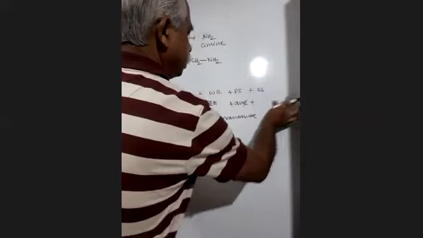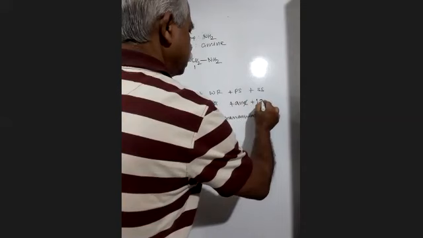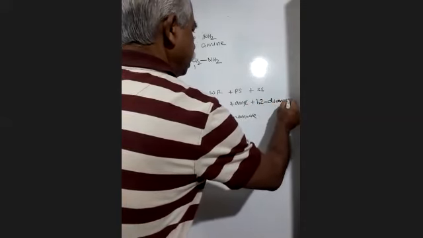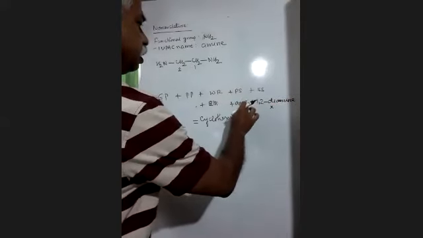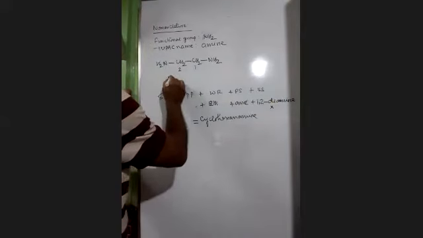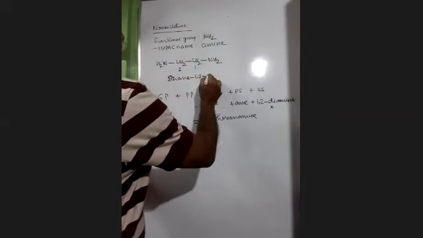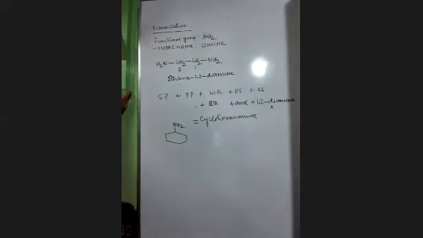But you have two amine groups, so to number it, it is 1, 2, diamine. This is not a vowel, so the e will be kept. The name will be ethane-1,2-diamine.